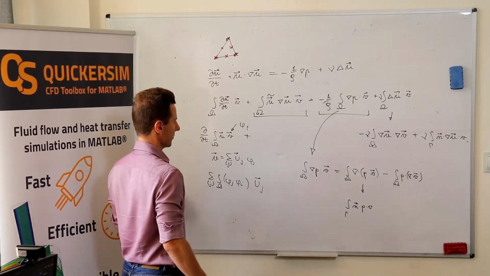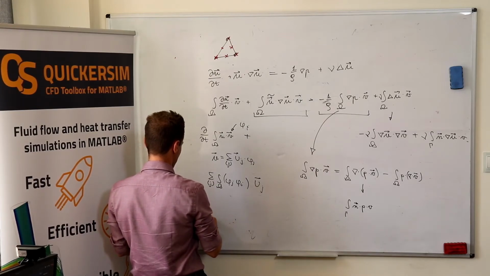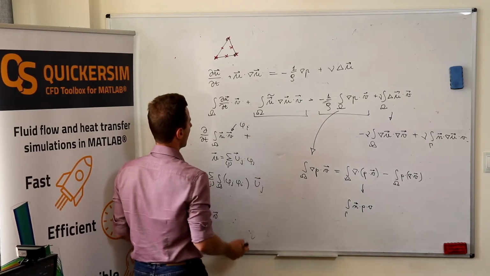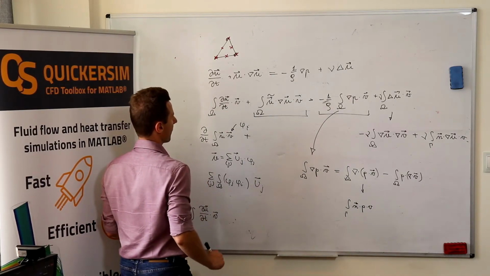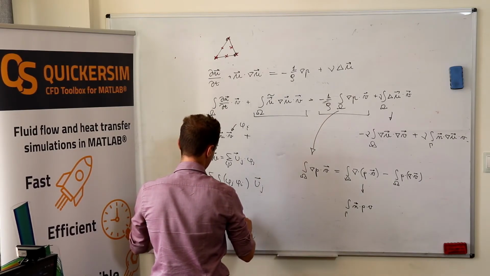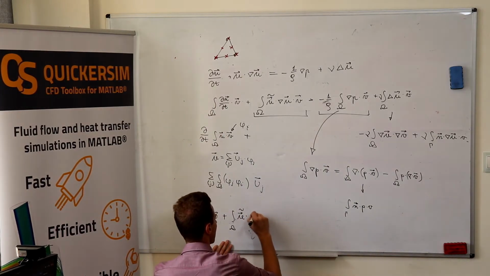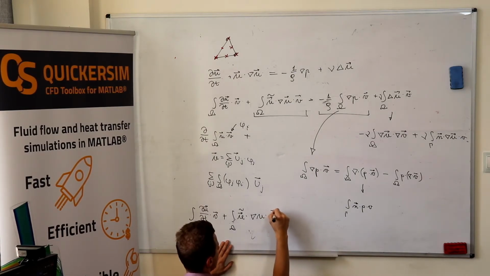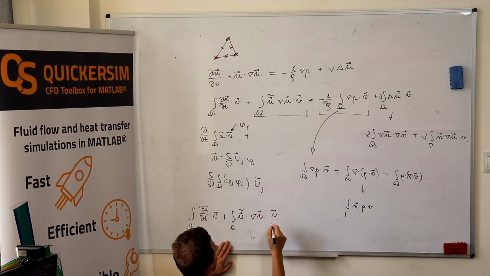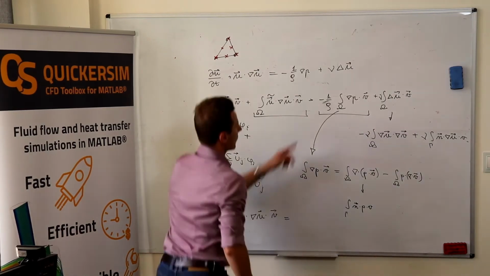So finally, what we have... plus some approximation, gradient of u times v. Let me assemble that. We need to take this.